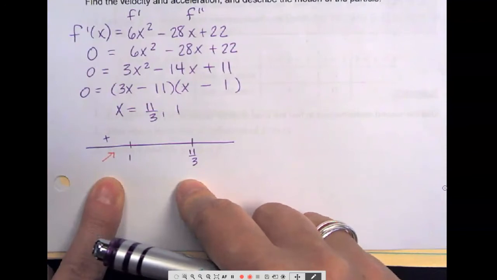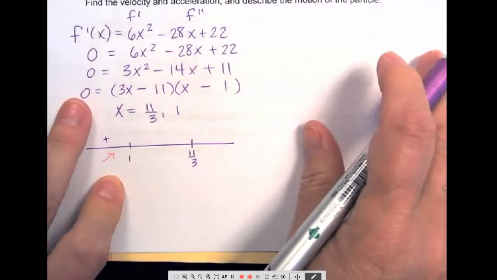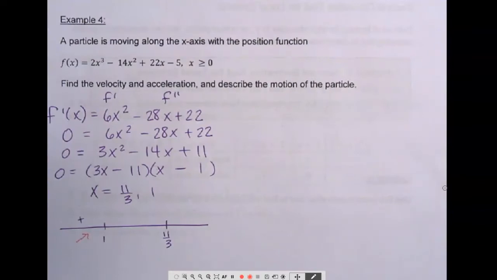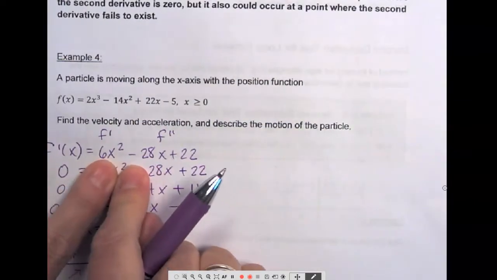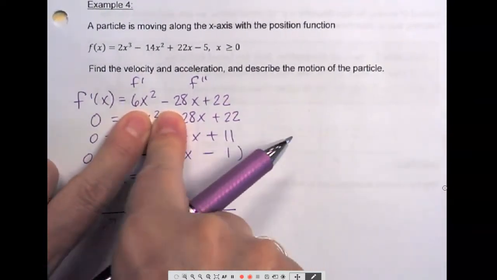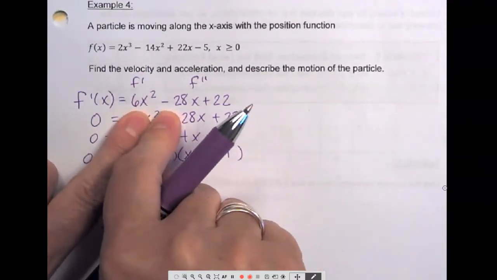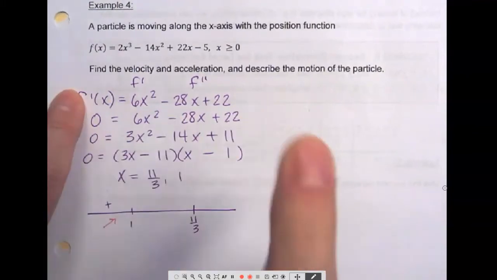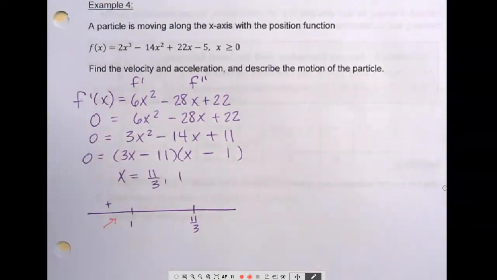Even easier, 2. How about 2? Yeah. All right, so let's go back to our original here. This makes more sense now after doing this too. Yes, so you always split it into regions and you pick a number from each region.